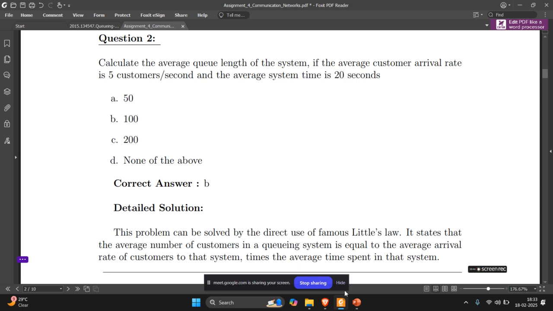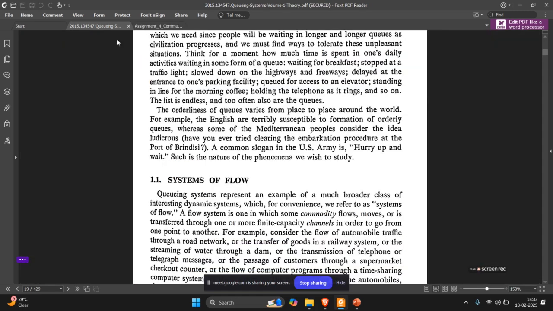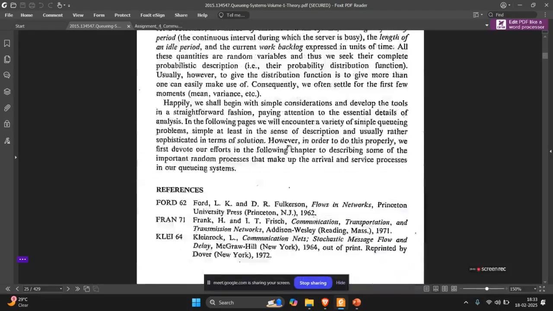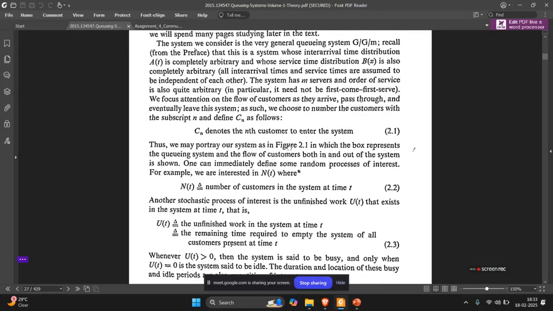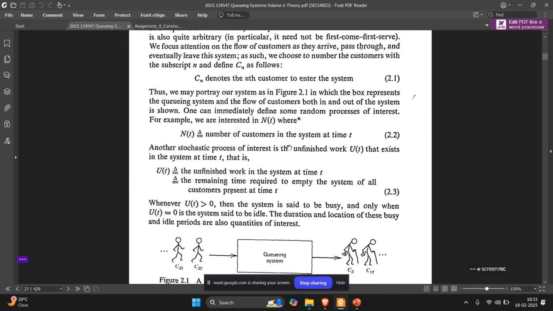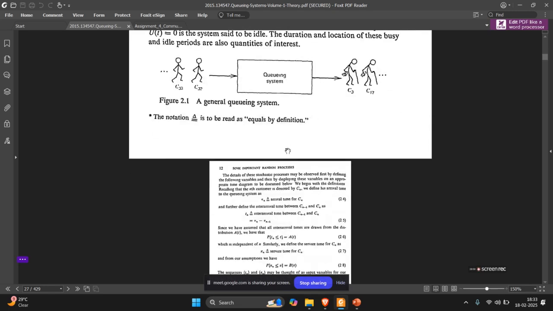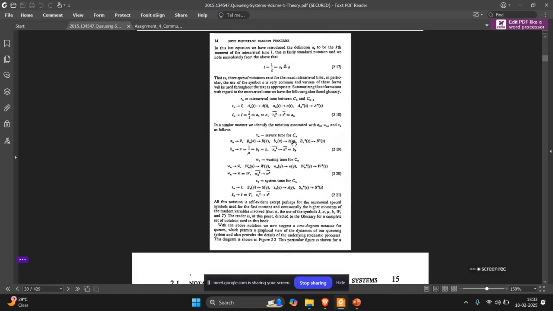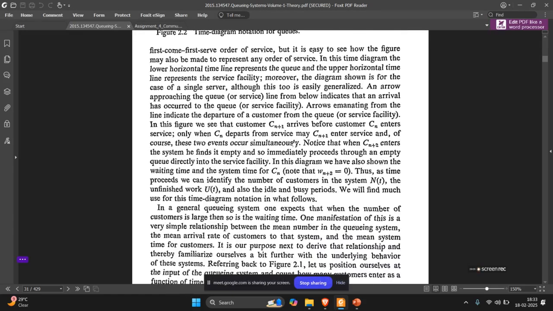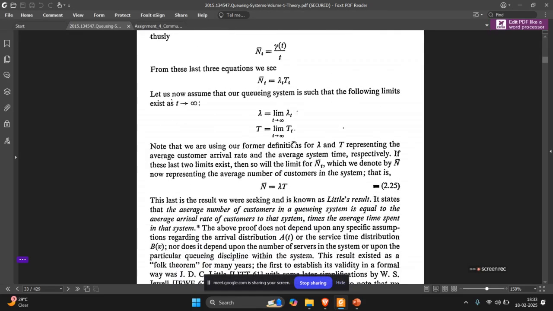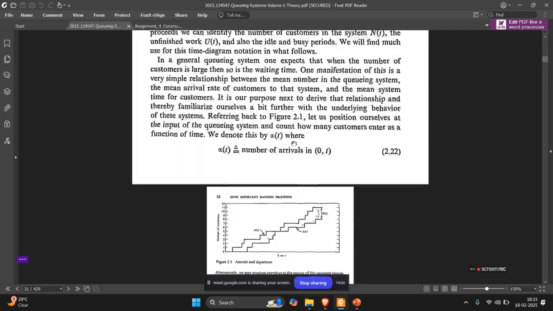Here we will be using Little's law. So before going into that, let us first read what Little's law is.